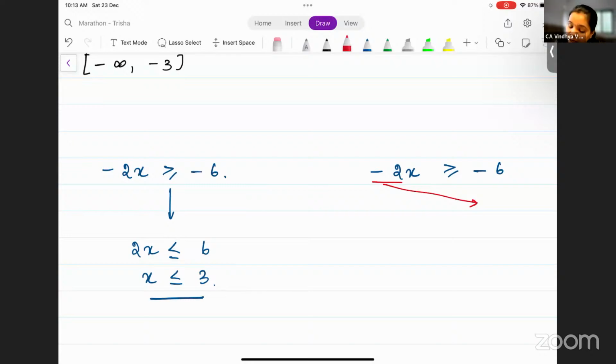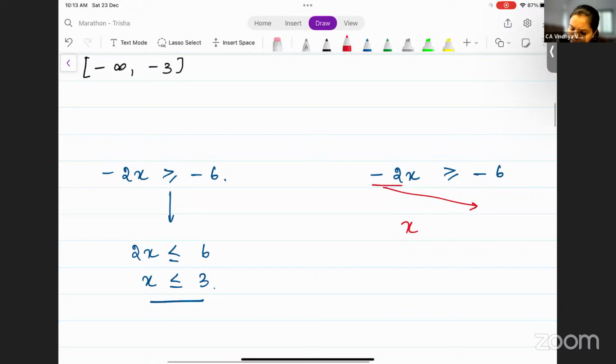All right. So here, when you take this minus 2 to the other side, that is when you divide by minus 2, you get x lesser than or equal to minus 6 by minus 2. The minus gets cancelled, so you get the value of x as lesser than or equal to 3. However you solve it, it doesn't matter.